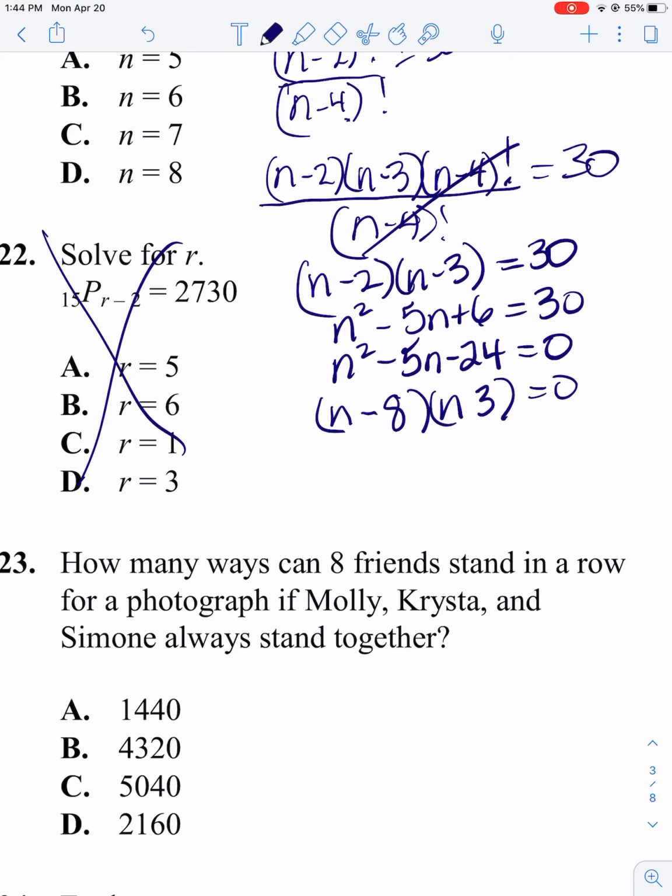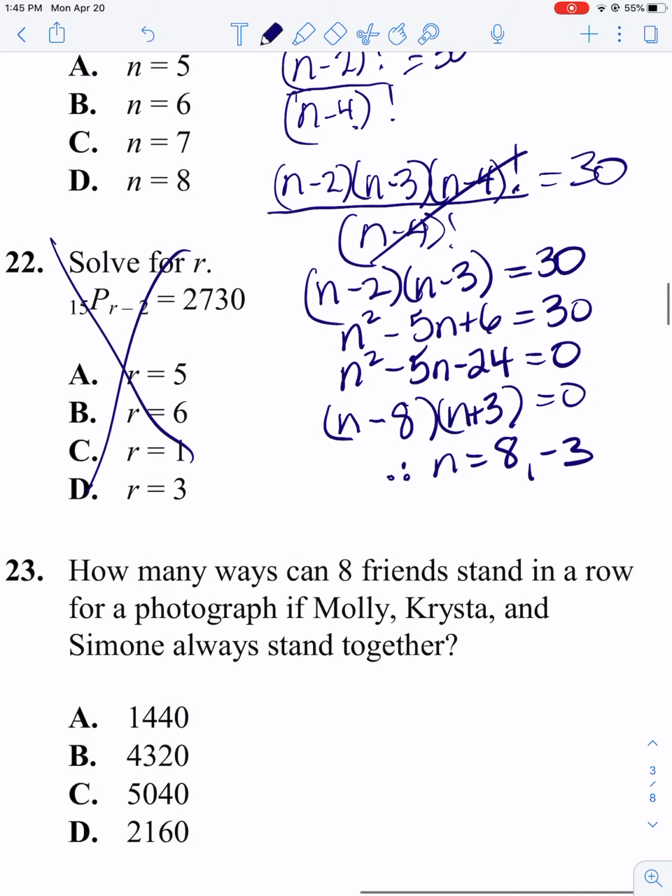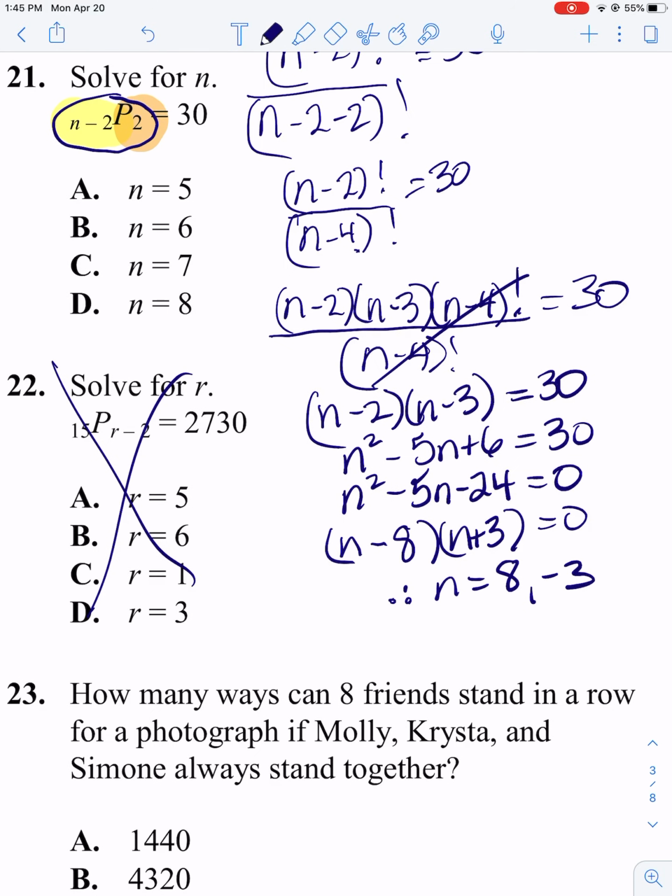The 8 needs to be negative, the 3 has to be positive, so therefore n is either 8 or negative 3. If I plug, remember this was my question over here, if I plug 8 in, I'm fine. 8 minus 2 is 6, 8 minus 4 is 4, I'm still above 0, but plugging in negative 3, I'd have negative 3 minus 2 is negative 5. That's not going to work. So my solution is D.